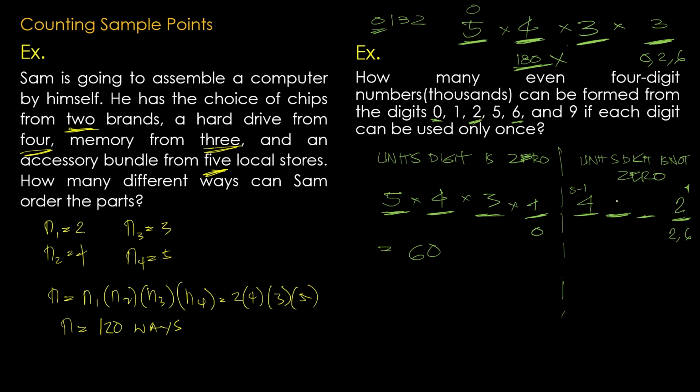For example, if you choose 3, 0, 1, 2, that is okay, meaning that is 3012, unlike this one, which is 132. So you can consider 0 there. Therefore, having chosen the units digit and the thousands digit, you have 4 remaining choices.